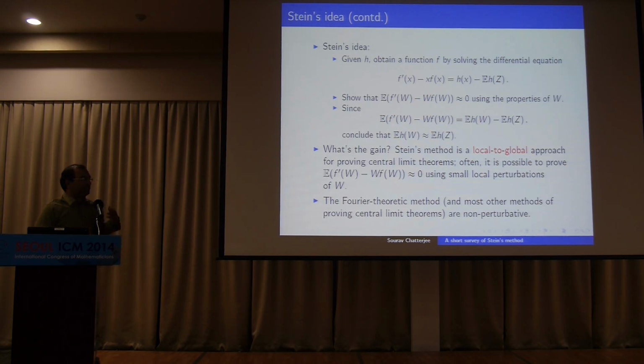And there is a general notion in mathematics about studying global properties using small local perturbations or study of local things. So often it turns out that in problems you can prove this kind of thing using small perturbations of W. Change W a little bit, and then you're able to somehow show that this kind of approximation holds. Okay, so that's the main gain, as we will see.